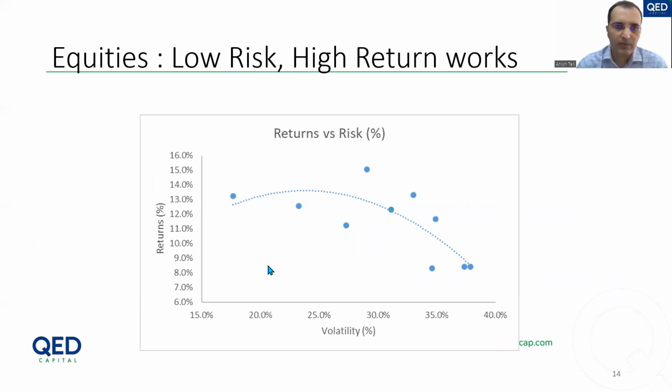So we took our universe of stocks and divided them into deciles, which is basically 10 portfolios, and ranked them from low volatility to high volatility. Here you can see a portfolio of stocks which have the minimum volatility have given a return of 13%.